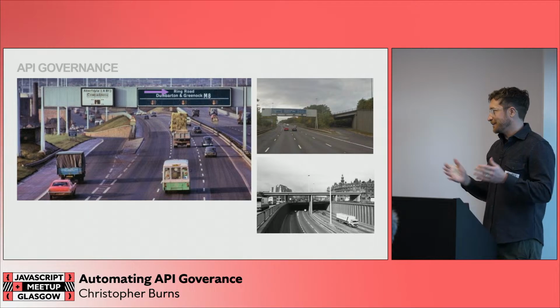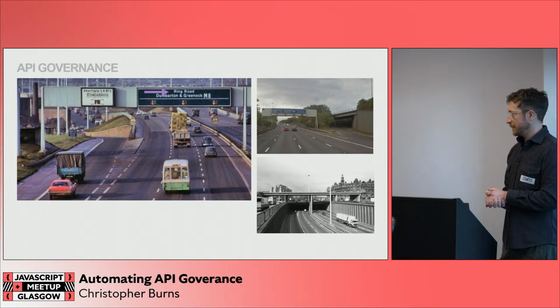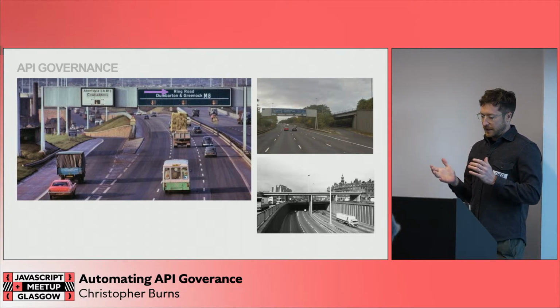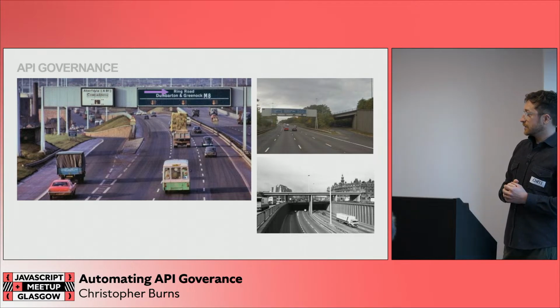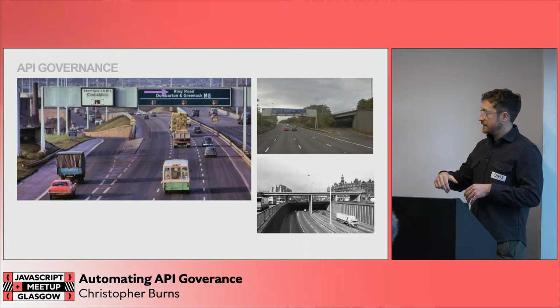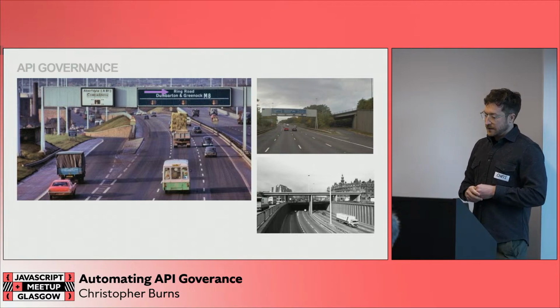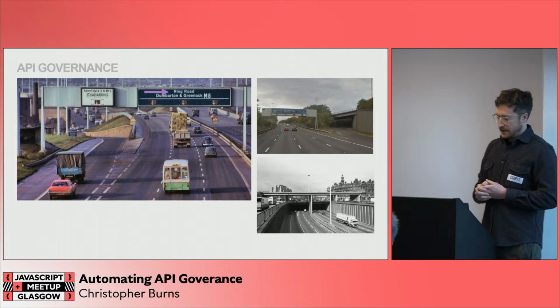But anyway, why am I talking about motorways? Well, I think some of the same principles apply to API governance. It's hard building motorways, and mistakes early in the design process in your specification can be costly. And I think the unfinished structures that we see around Glasgow every day are a reminder of that.